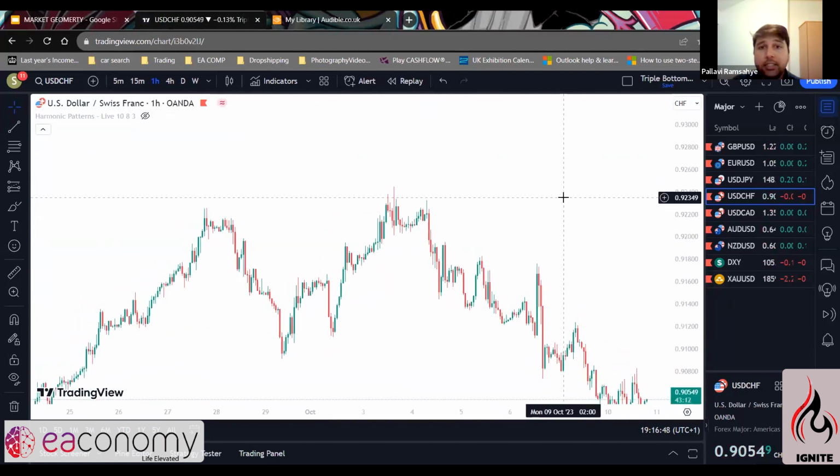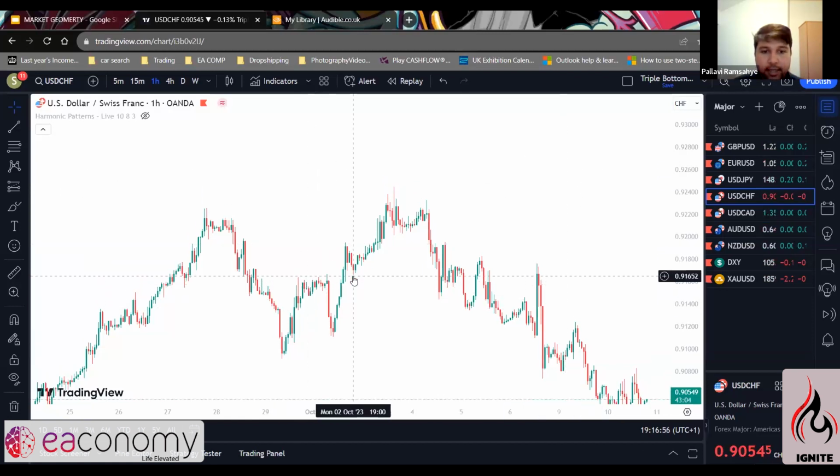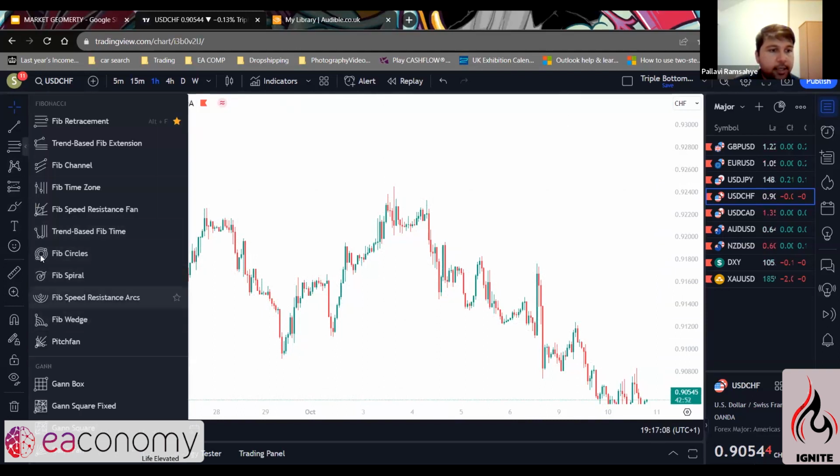With the harmonic patterns, I did look for them previously just to save time. But with these patterns, they're more consistent, they're more frequent. So you can see right here, this was trending downward at this point and chose to reverse and go back up.